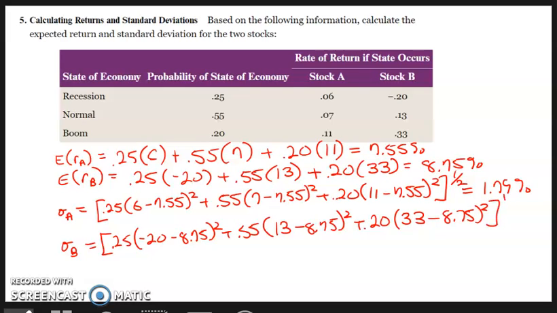Close that off and to the 1/2. We're taking the square root here, and that is 18.28%.